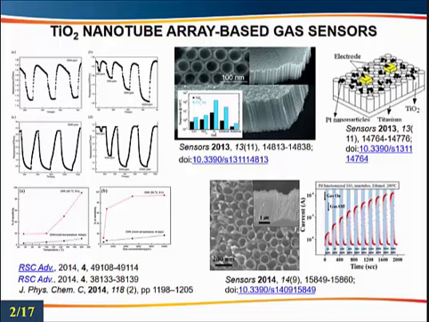Titanium dioxide is really good for hydrogen sensing, for methane, and for ammonia. It's a busy slide, I know, but I'm trying to put a lot of fairly recent information that shows that this structure, which has these ordered arrays and pores, has been used for gas sensing.